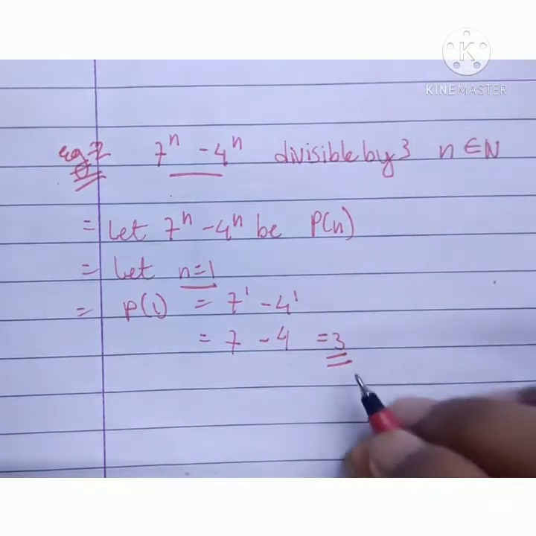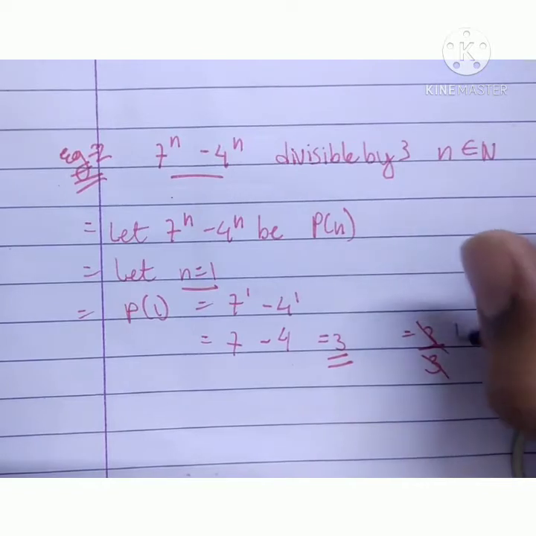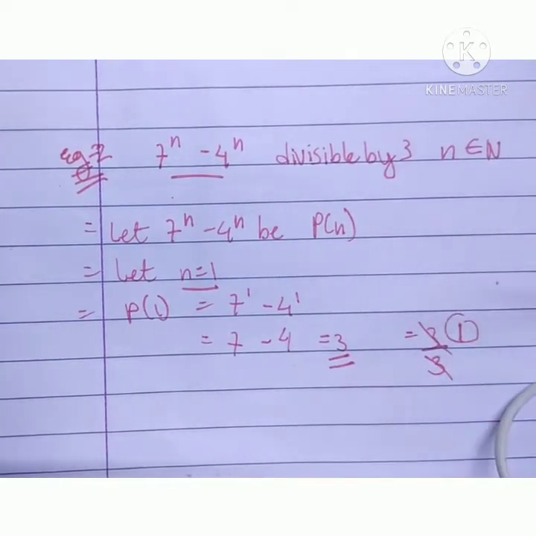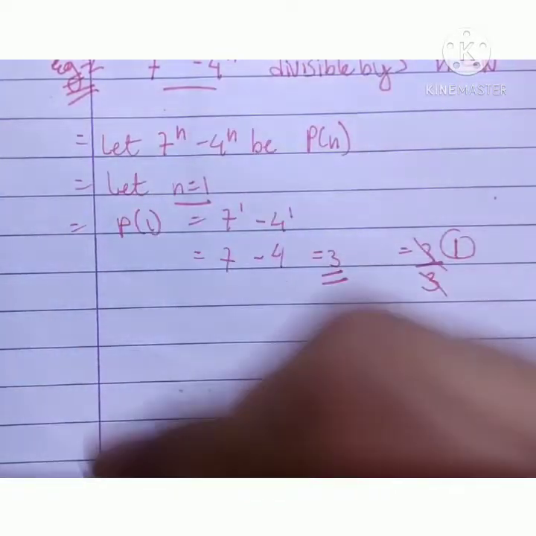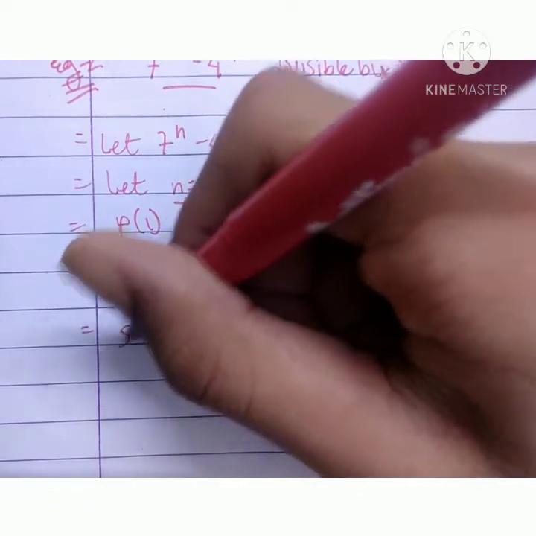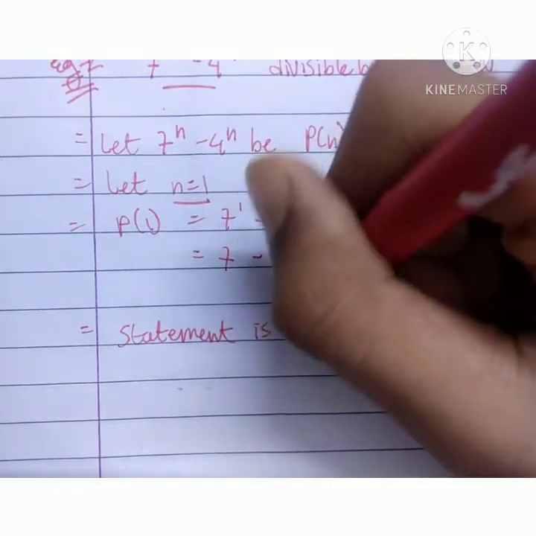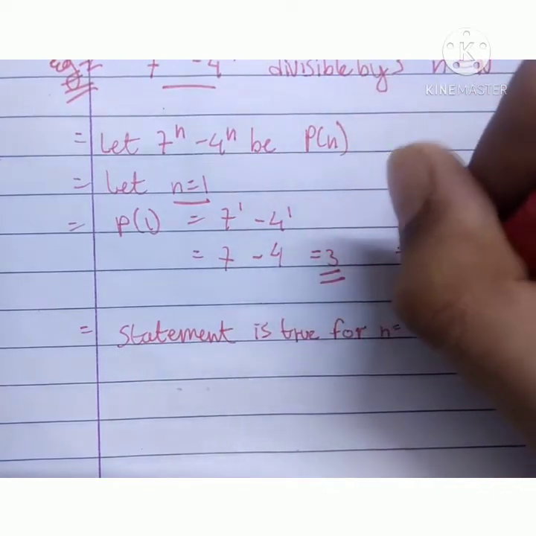Now let's see if 3 is divisible by 3. I can say that 3 is completely divisible by 3 and leaves the quotient, the answer, as 1, and the remainder left is 0. So we write, the statement is true for n is equal to 1.